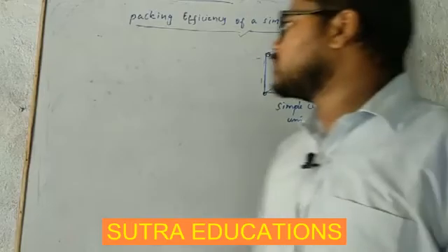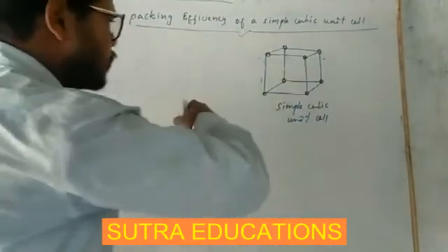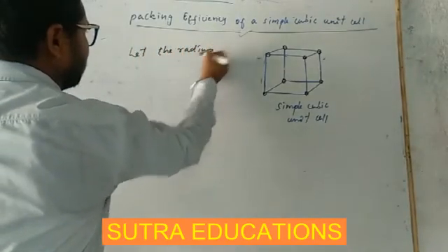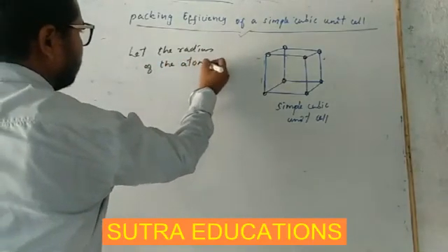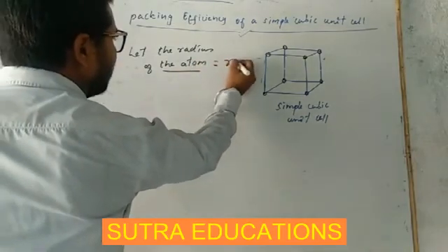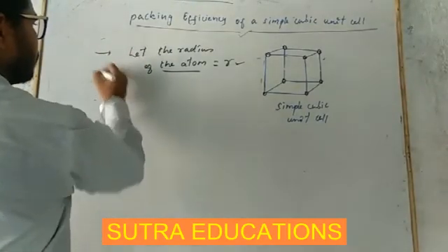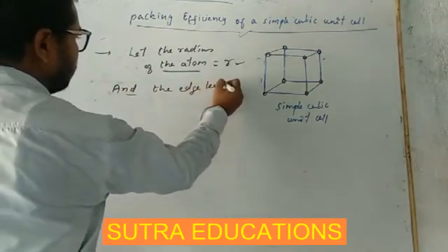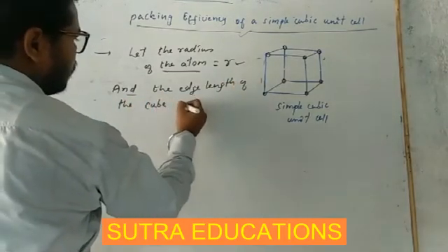We have to suppose two things. Let the radius of the atom be r, and the edge length of the cube be a.